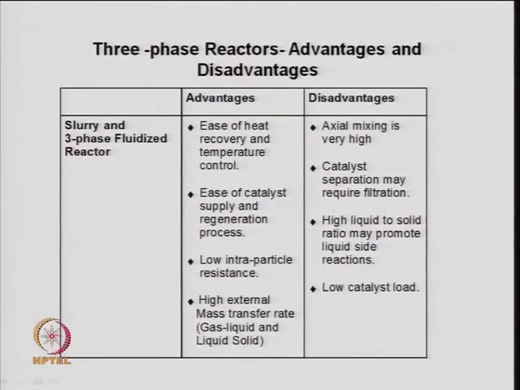Ease of catalyst supply and regeneration is possible. Intra-particle resistance will be low because particles are smaller. External mass transfer rates for gas, liquid, and solid are high, because the superficial gas velocity is higher in a fluidized bed reactor.